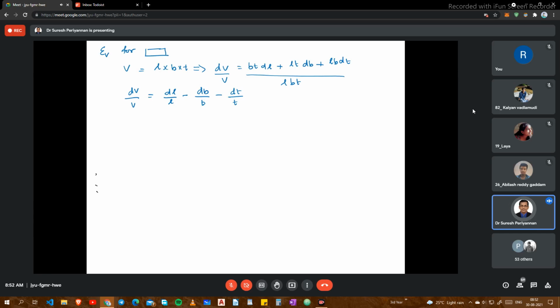This is nothing but the strain with respect to the axial direction. Now 1 minus, this is nothing but E times, I write it here.